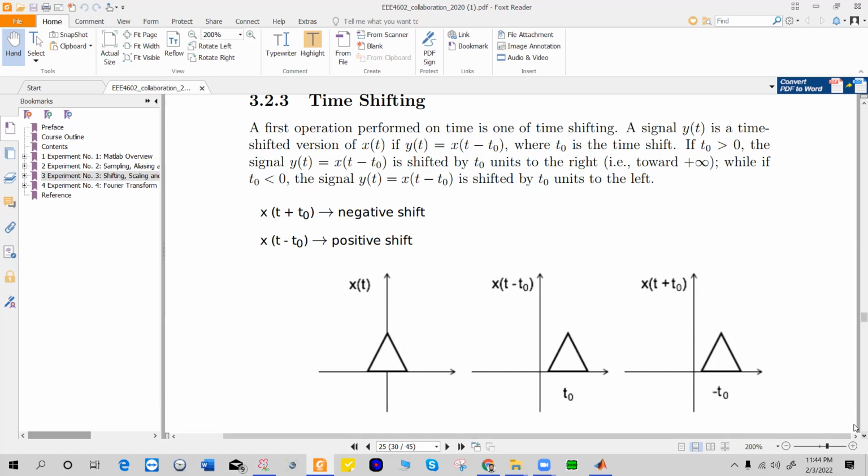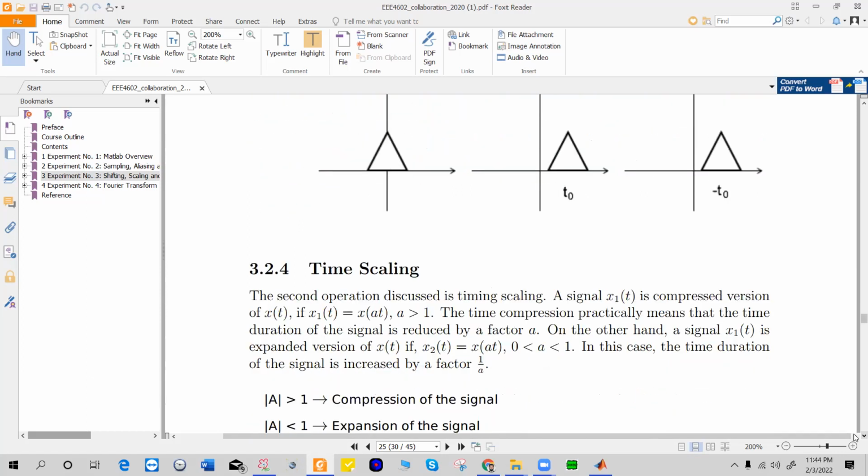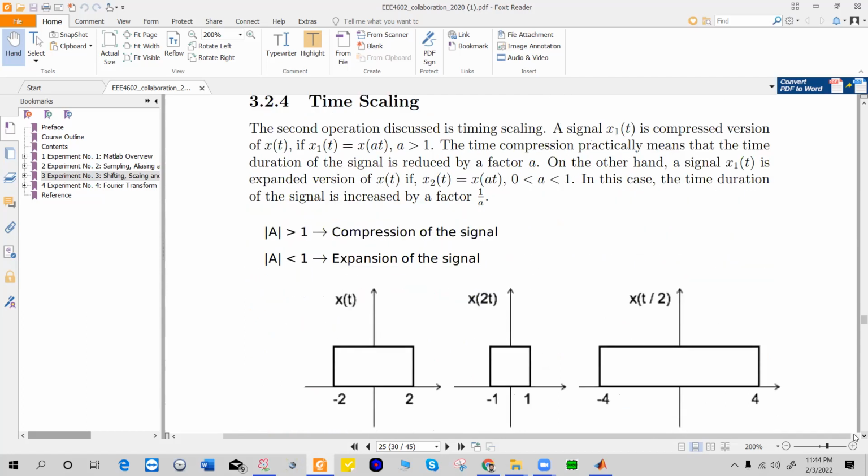Okay. So let's proceed for time scaling. Let's consider that this is our signal x of t, which will have 1 from -2 to 2. Now, if we multiply anything with t, so let's consider x of 2t, then the signal will be compressed.